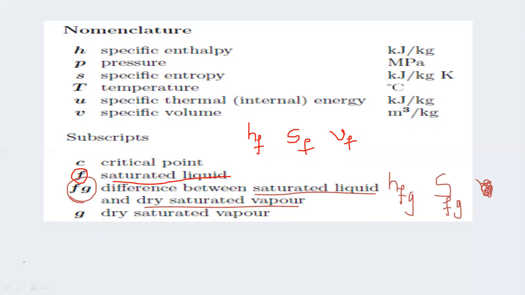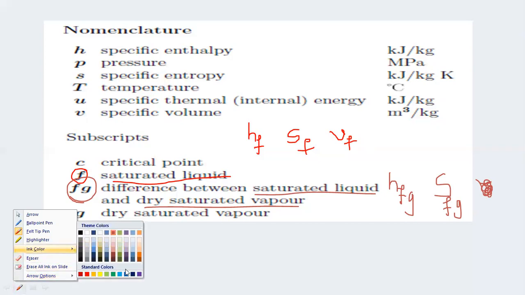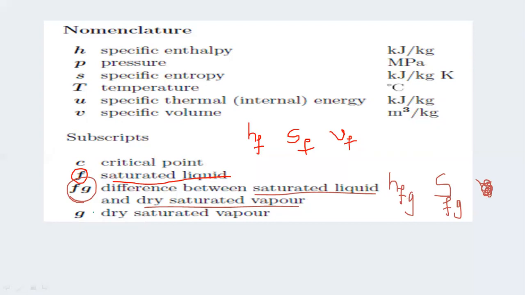Similarly, for the vapor phase, how are the subscripts written? As I was telling you, if we go to the vapor phase, the subscript is written as g, especially for a dry saturated vapor. So when we are in the dry saturated vapor phase, the specific enthalpy is hg, specific entropy is sg, and specific volume for the vapor phase is vg.